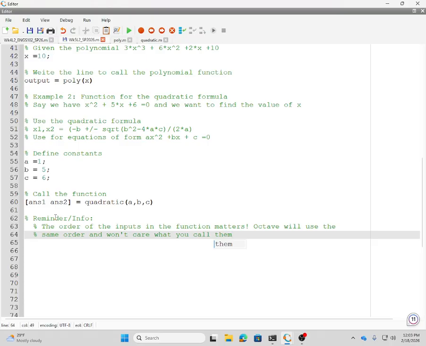Now I've seen some of you call in the function, instead of x1 x2, some of you call like answer 1 answer 2. So many ways you can call them. Octave doesn't care really, okay, as long as it matches it to its place.